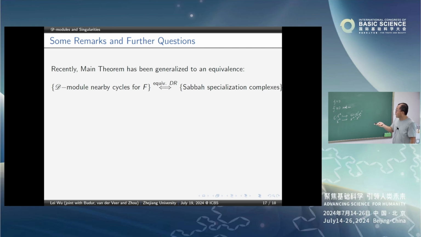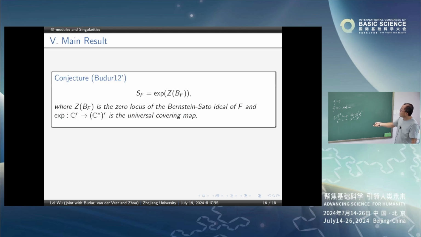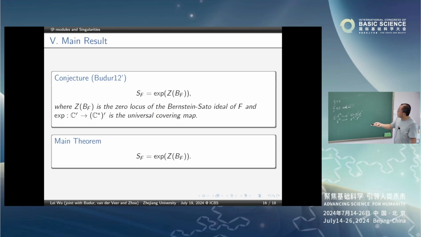And the equivalence is induced by an equivariant Riemann-Hilbert functor. So because, as in the previous talk, we can see here this S_F and the B_F are related by this exponential map, at the sheaf level, the sheaves we need to consider should live in different spaces, right?